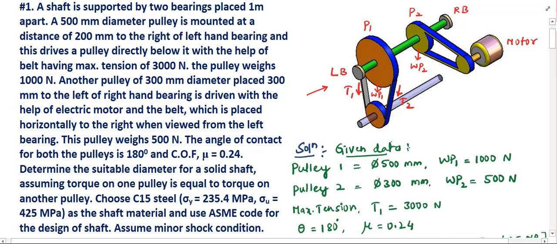All are acting downwards. These are vertical forces and these are your horizontal forces. On this design shaft, the net vertical force will be T1 plus T2 plus WP1, as all three are acting downwards.